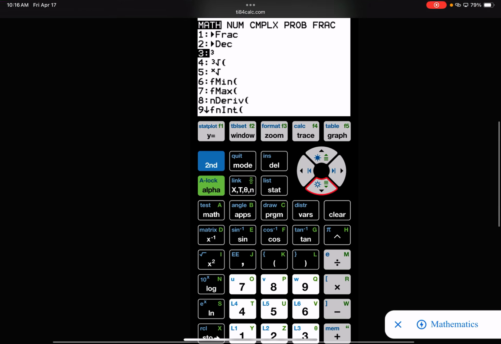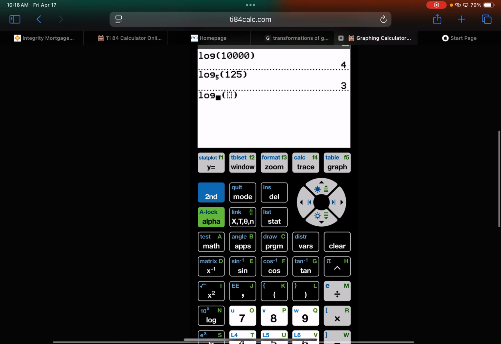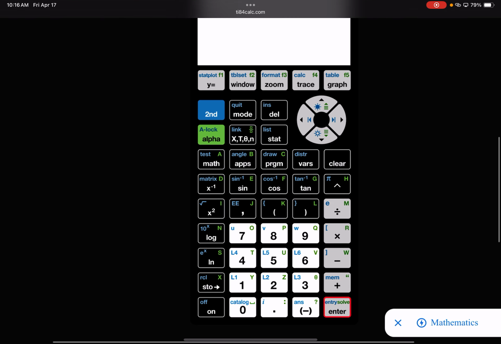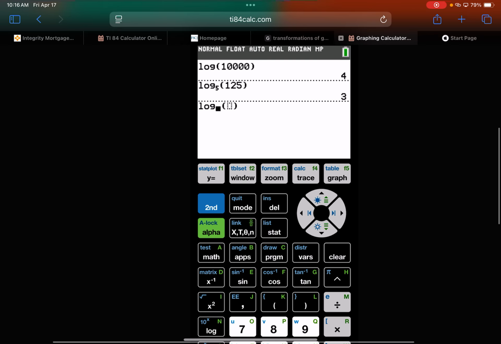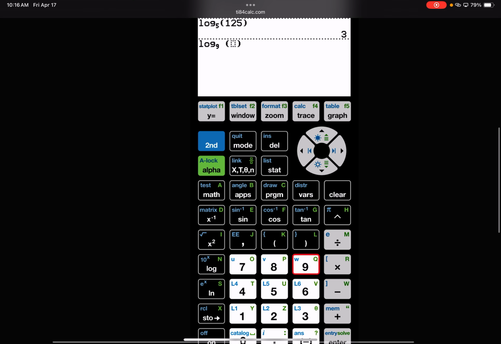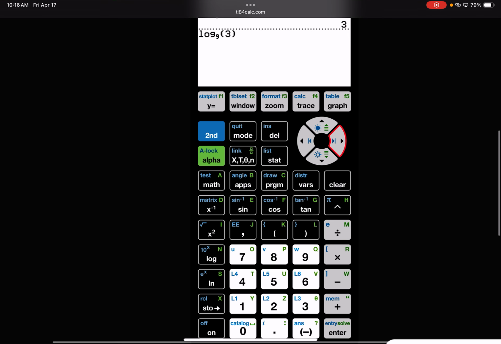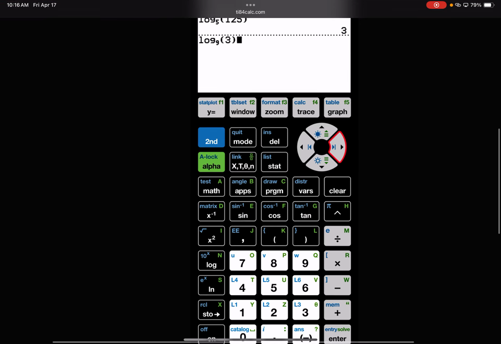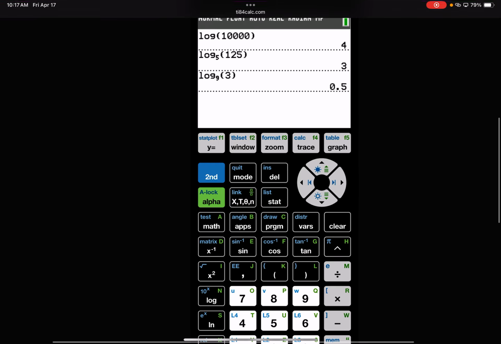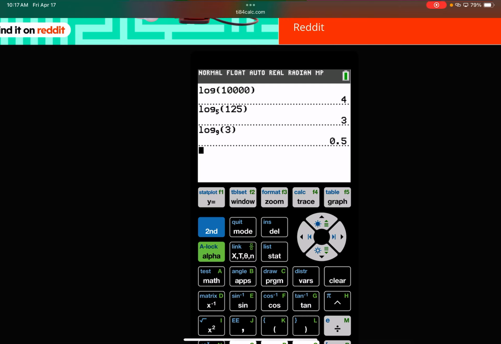And if I do math, and then I go down to log base, and I put that one problem, base 9 of 3, this was equal to 1/2. And it gave me 0.5, which is 1/2. Okay? So a lot of your homework problems you can just do with your calculator.